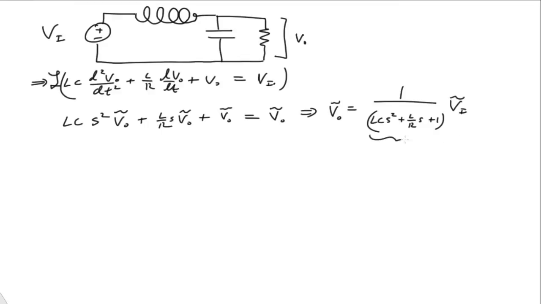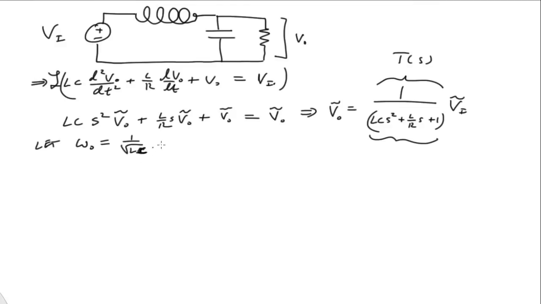Okay, and of course this represents our transfer function of s. So it's a bit complicated, but we can do a little simplification here. We're going to let our omega naught, this is a special frequency, and this takes a little work to derive, but we're going to say that it's actually equal to 1 over root LC.